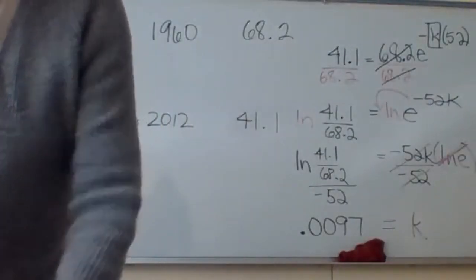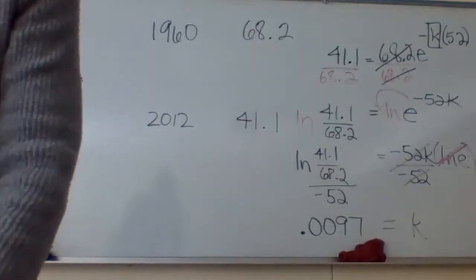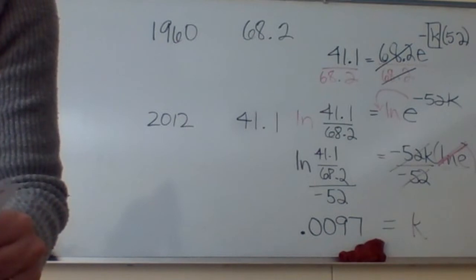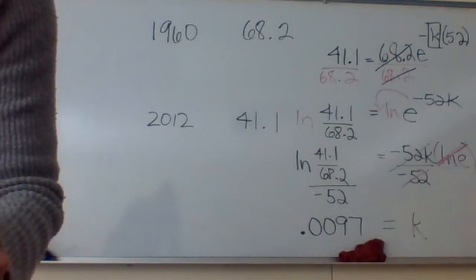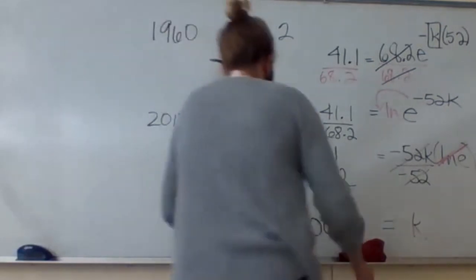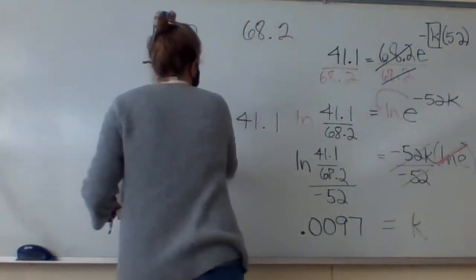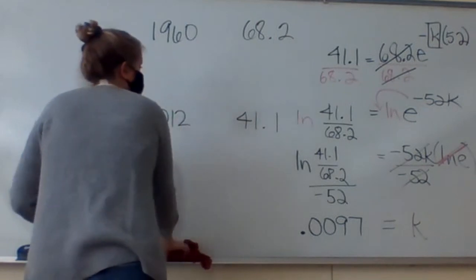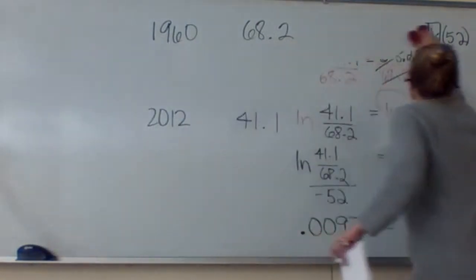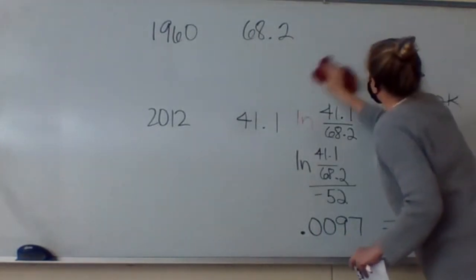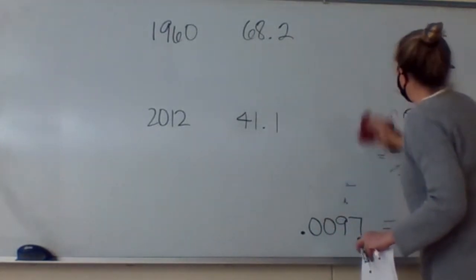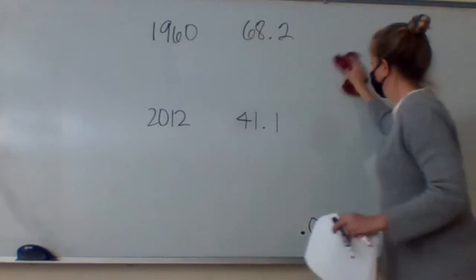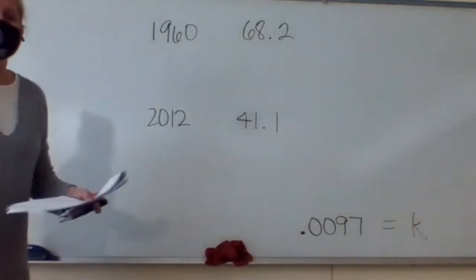So that is the number that you are going to put in for the K from now on. That is the rate. So let's see, M of T. Let's see the function that I can use. For the rest of the problems here, I just need that number right there.